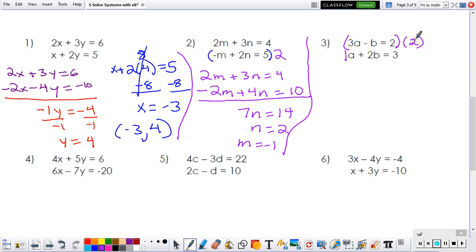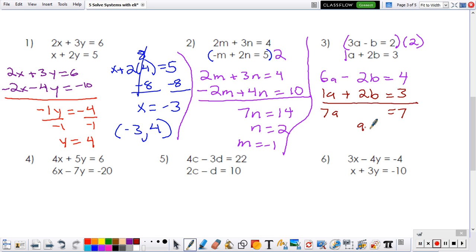All right, so we've got 3 times 2 is 6a minus 2b equals 4. I'm gonna recopy the other equation, 1a plus 2b equals 3, and let's add down. 6a plus 1a is 7a equals 7, and we end up with a equals 1.